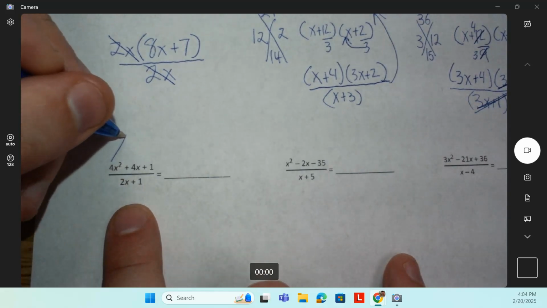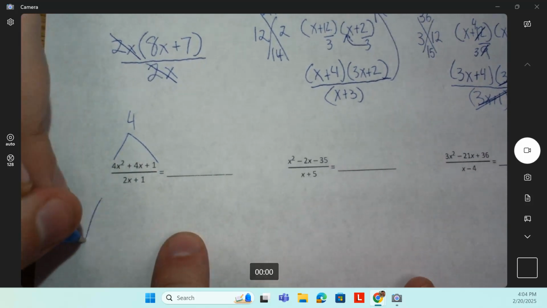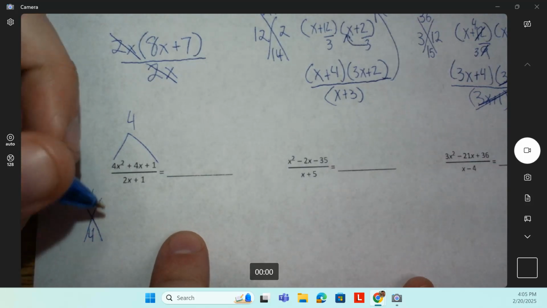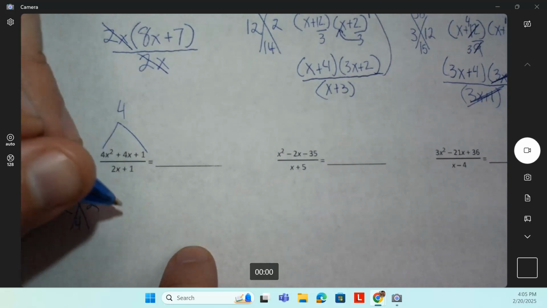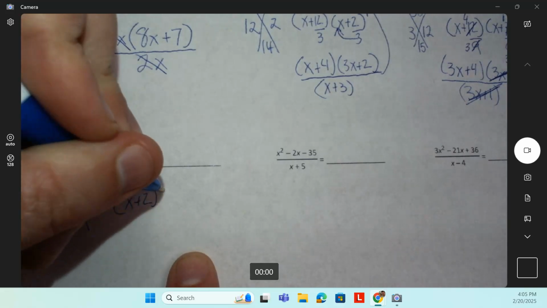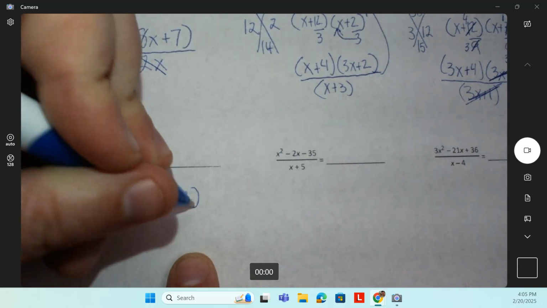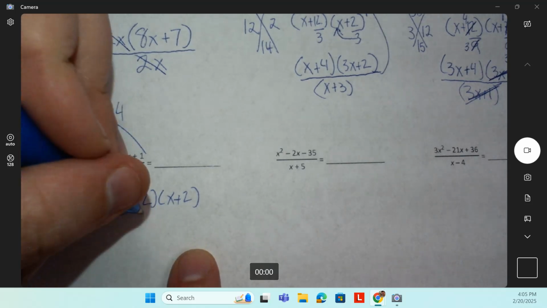For this one, 4 times 1 is 4. When I need something to multiply and add to 4, that's when I go straight to the 2's. And I have x plus 2, x plus 2. Remember, I need to pull that 4 back out.